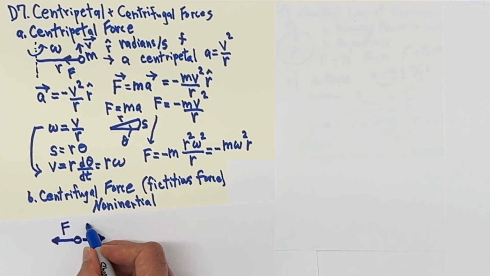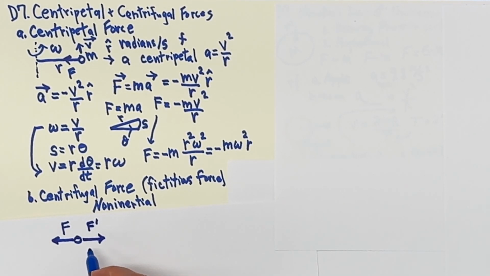So this is the fictitious force, which is equal and opposite to the real force. And this helps give an understanding of how that force can be very important and included in analysis when you're in that non-inertial frame.